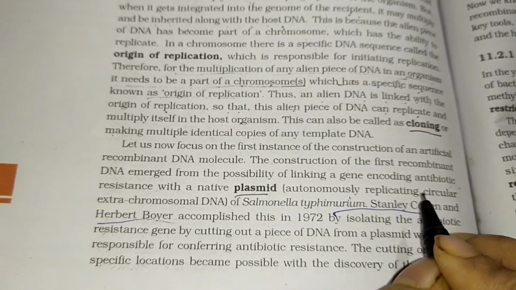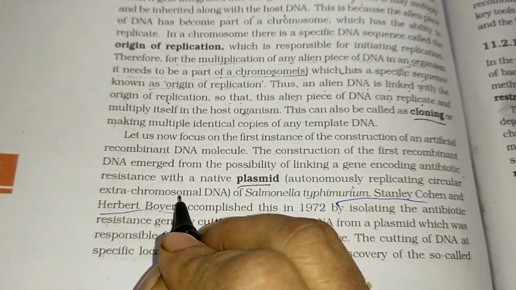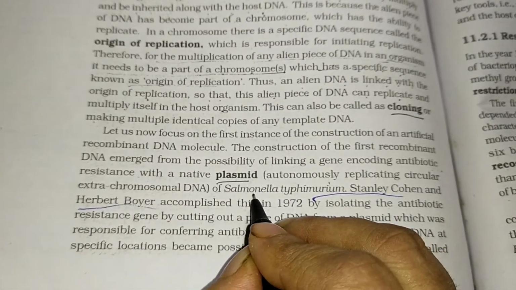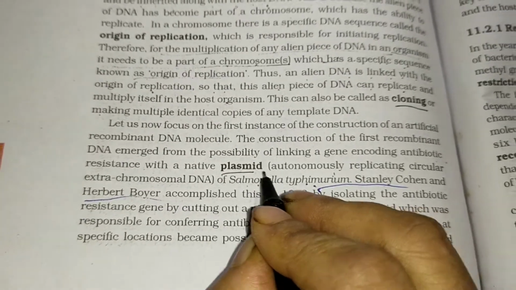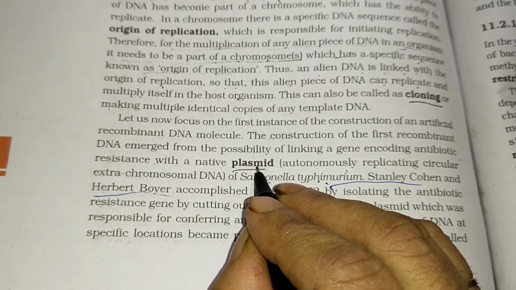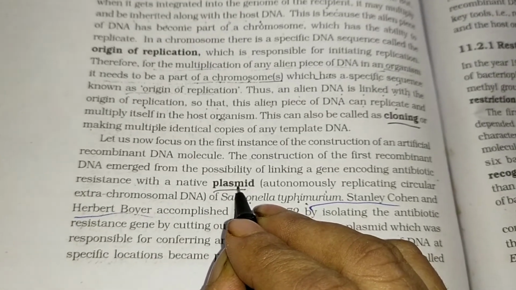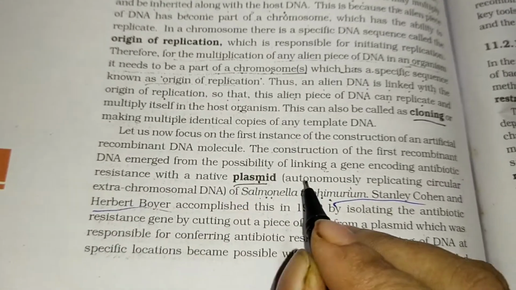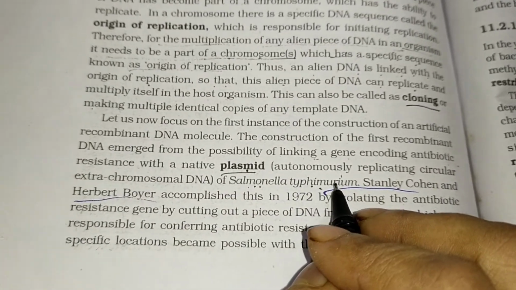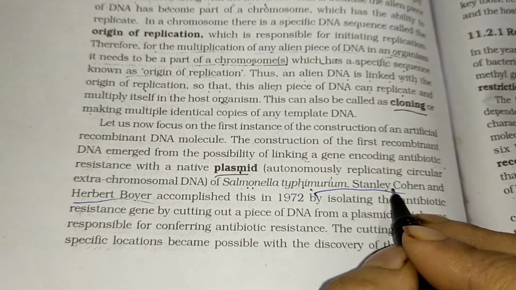An autonomously replicating circular extrachromosomal DNA of Salmonella typhimurium, a bacterium. In that plasmid, the gene coding for antibiotic resistance will be introduced, and it was actually discovered by which one?